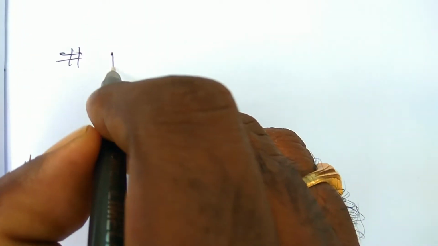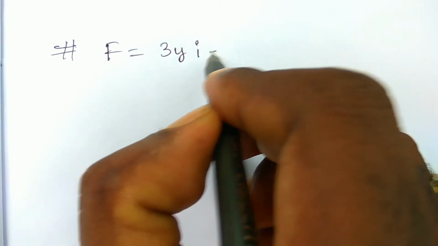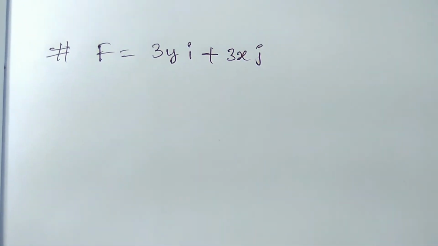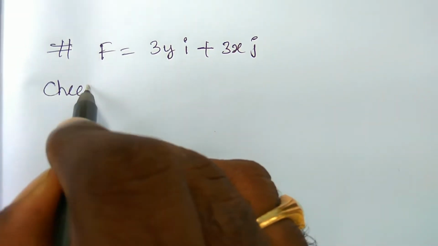Okay, let us see another example. Assume F is equal to 3y i plus 3x j, whether it is conservative or non-conservative. So check it.